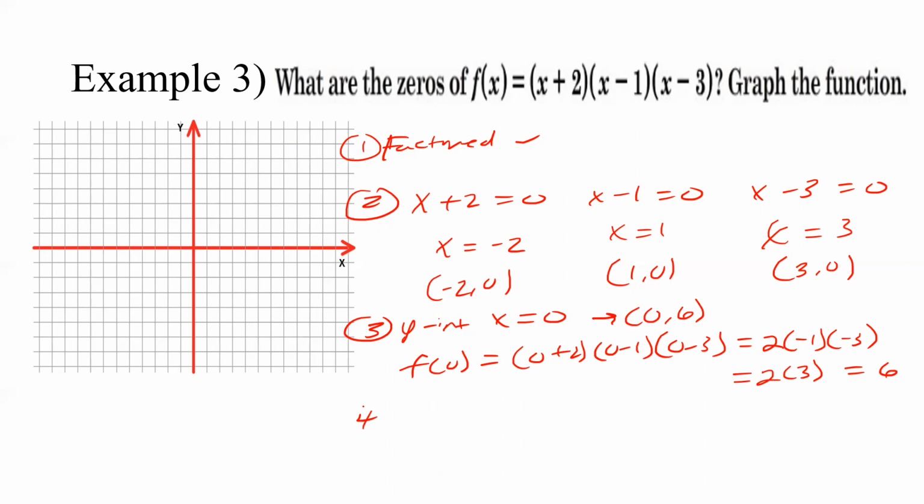All right, step 4 says we're going to choose points in between our x-intercepts. So right now, we're at negative 2, 0, we're at 1, 0, we're at 3, 0.